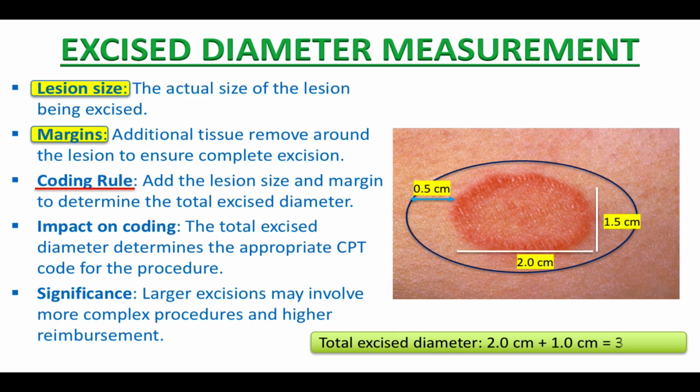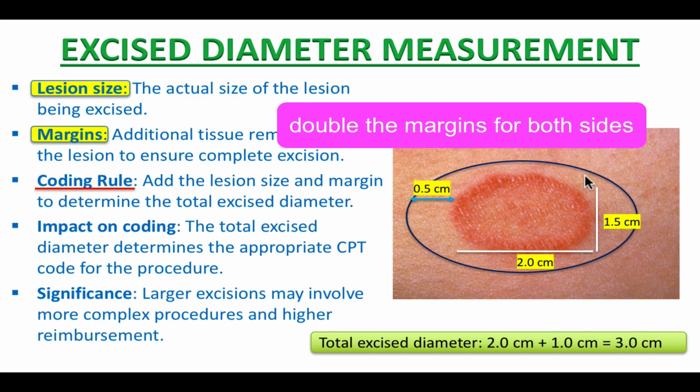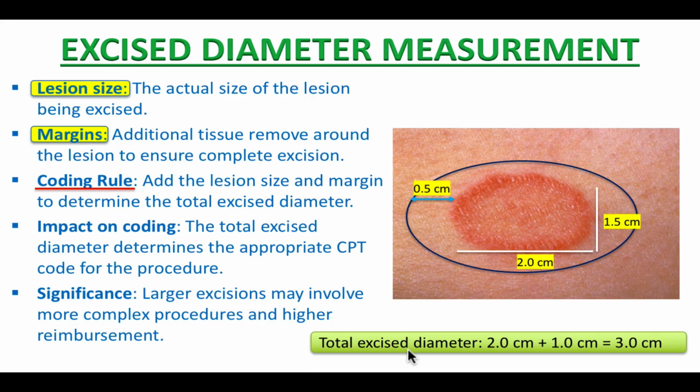Then, you add the margin on both sides, so 0.5 cm plus 0.5 cm equals 1 cm. Therefore, the total excised diameter is 2 cm lesion size plus 1 cm margin, which equals 3 cm.